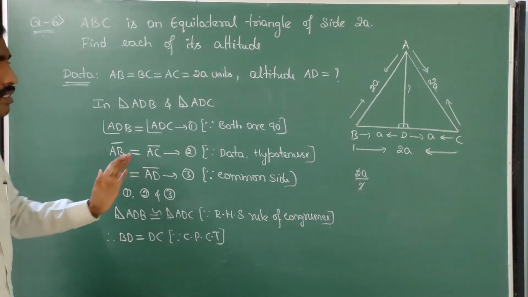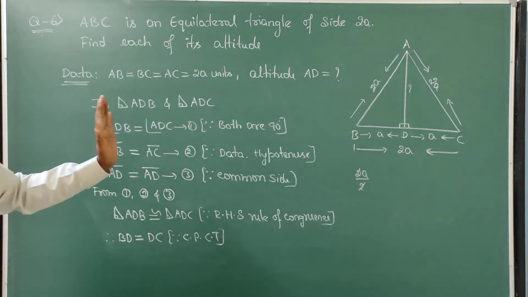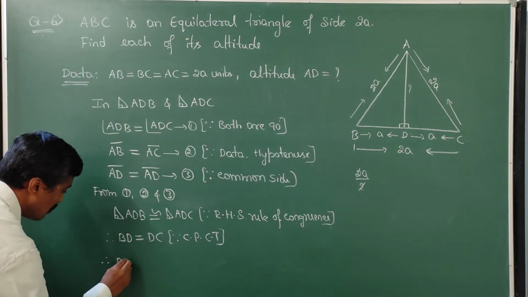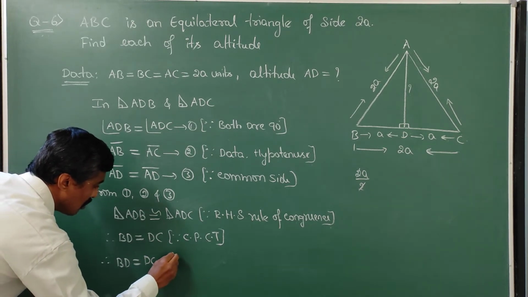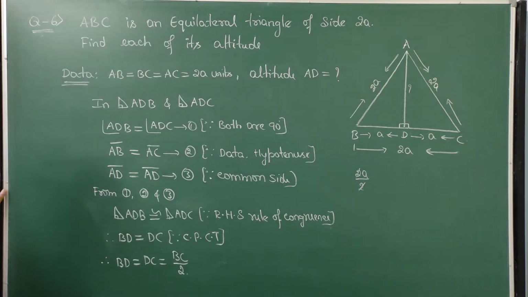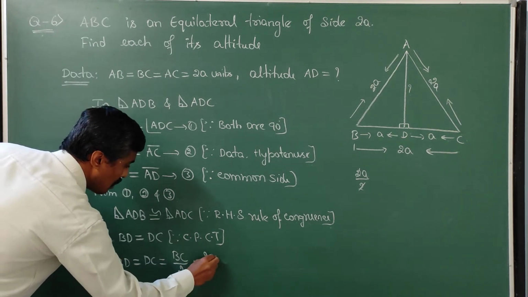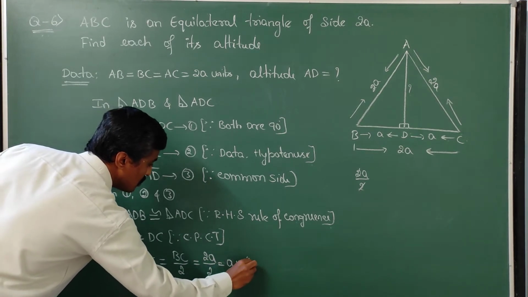But we know that BC is 2a, so BD and DC are half of that. Therefore BD is equal to DC is equal to BC by 2. So it becomes 2a by 2, so that is a units.